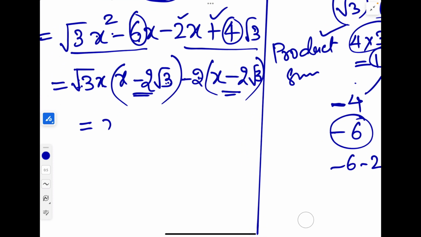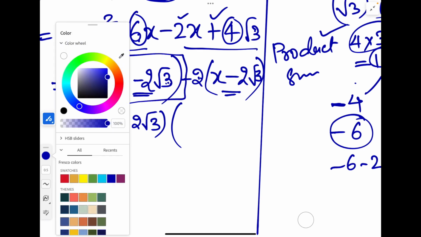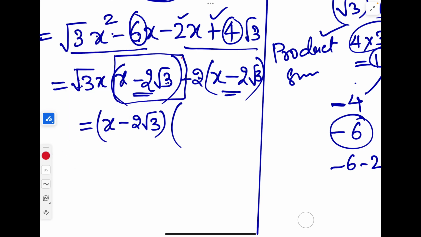So now in this, x minus 2 root 3 is common, right? If I take this as common, both these terms have it. Let me use some other color so that it will be easy for you. So what is left you write down.